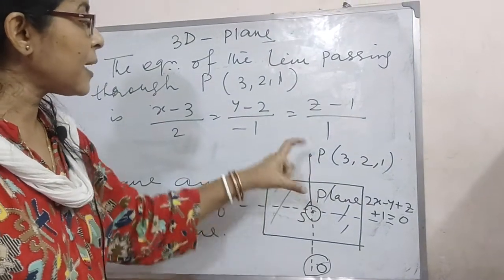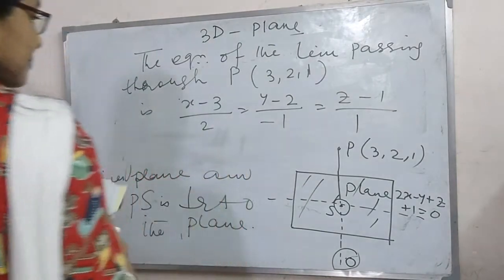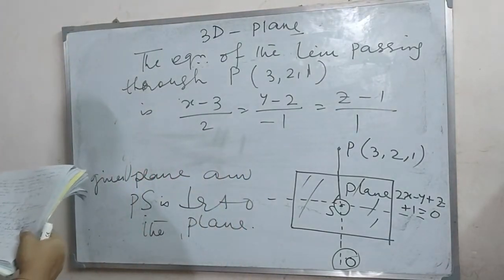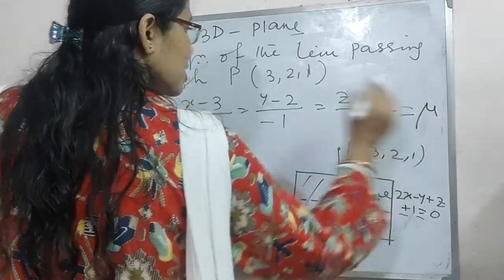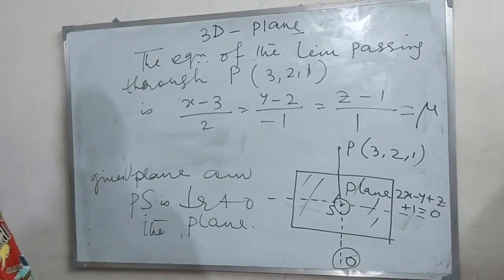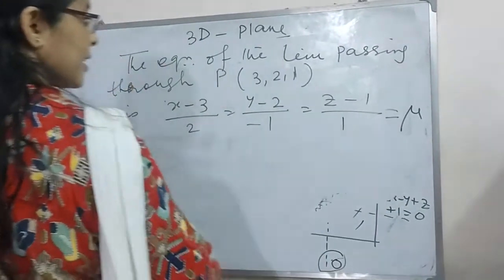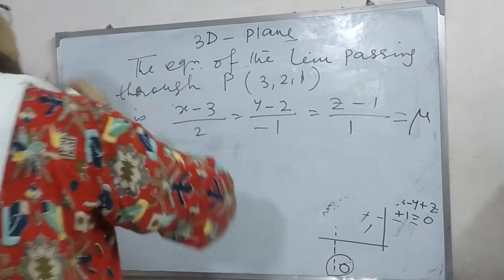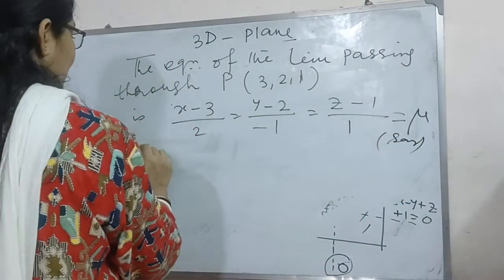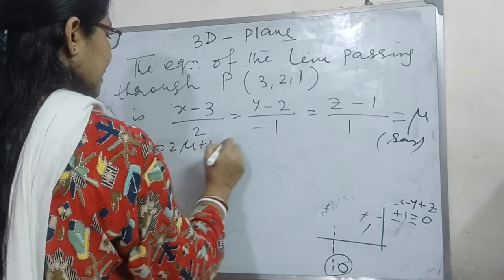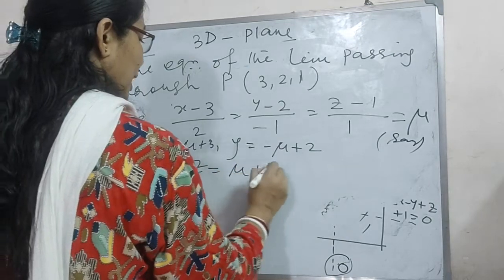That means the dr of the plane equals the dr of this line. So I will get the equation of the line, and the general point on this line: if I put this equal to mu, say, then x equals 2 mu plus 3, y equals minus mu plus 2, z equals mu plus 1.